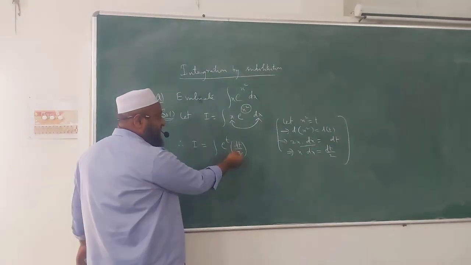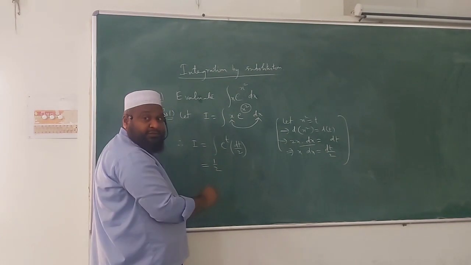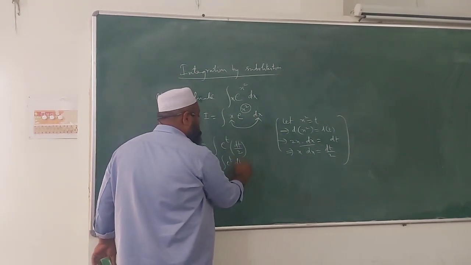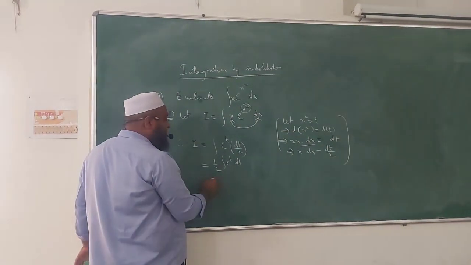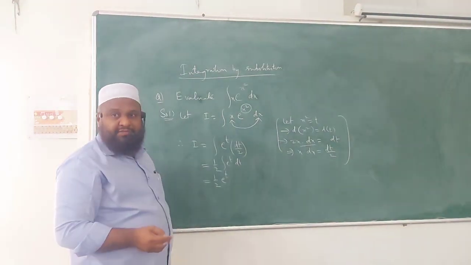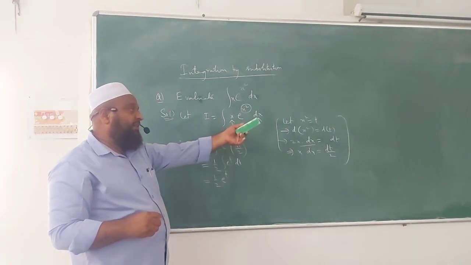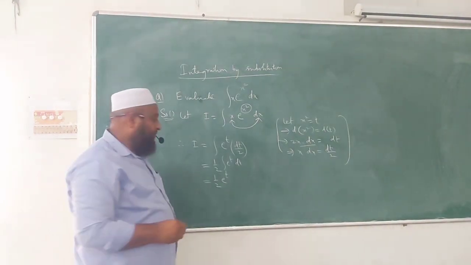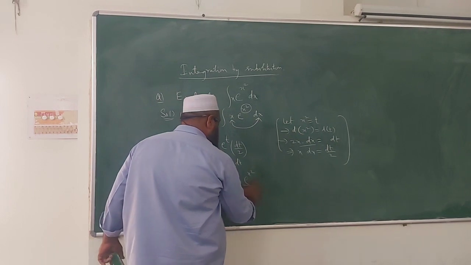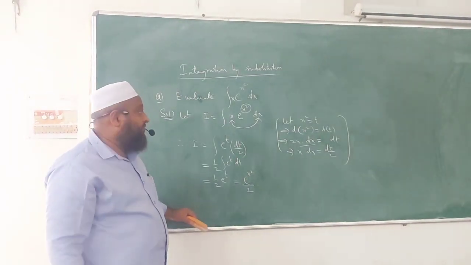Now this 2 is a constant coming out in the denominator, so it is 1 by 2 integral of e to the power of t. It is exactly simple, e to the power of t. But what is t here? Substitute back that t as x square. So you will be getting e to the power of x square, this whole by 2. Everything clear? Okay, please copy.